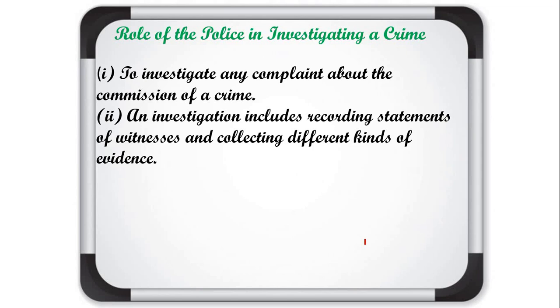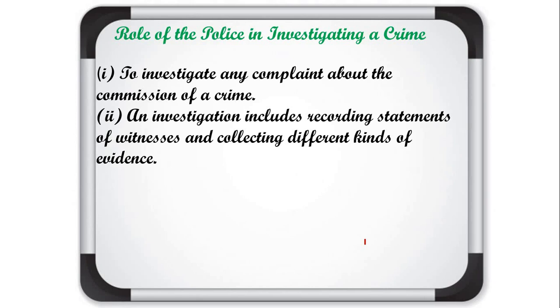As we know, in the starting of that topic I told you that when any crime has occurred, the first thing we have to do is launch an FIR in the police station. Means we give this report, or information about any case, to the police station, which is known as FIR. So when any FIR is launched in the police station, after that the role of police starts.